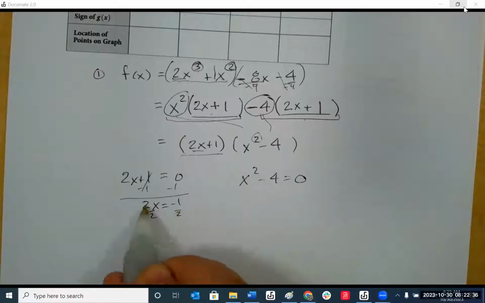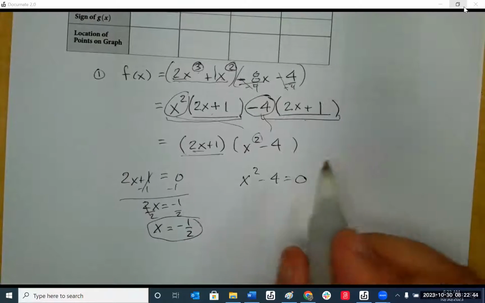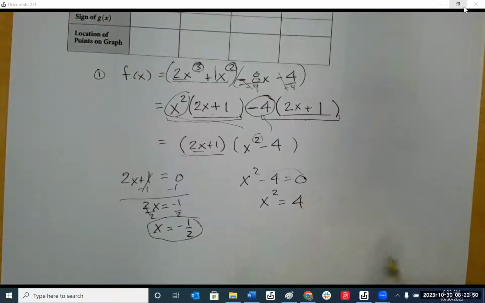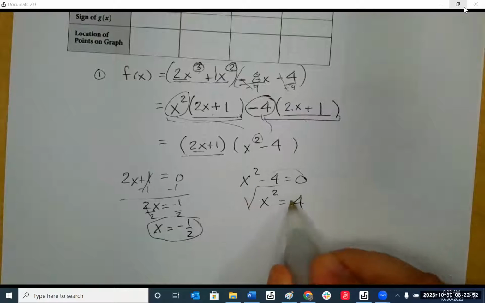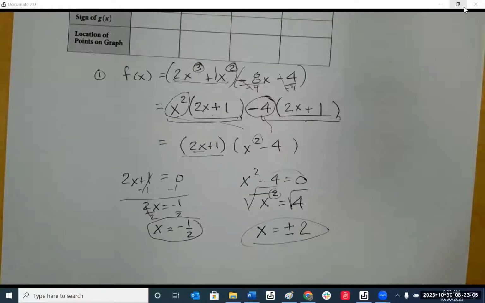Divide by 2. X equals -1/2. That's one of my solutions. Move the 4 over. X squared equals +4. Square root both sides. Whenever you square root a squared term, you have to put a plus or minus. Square root of 4 is 2. So here's our second and third answers.